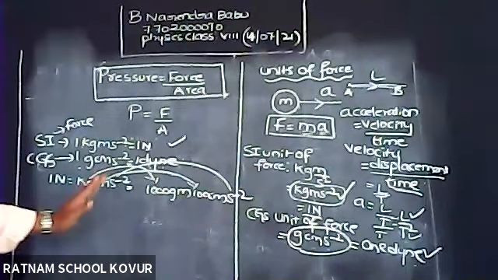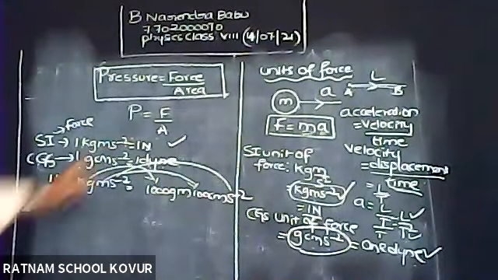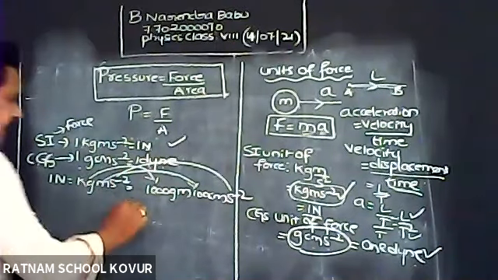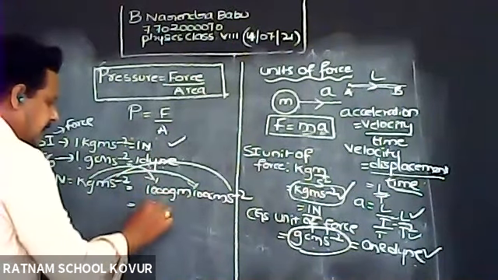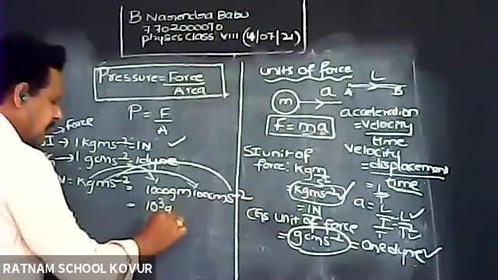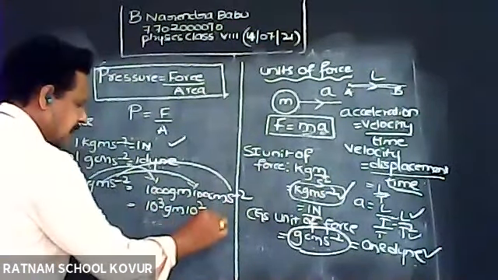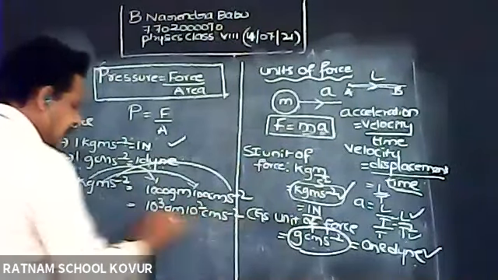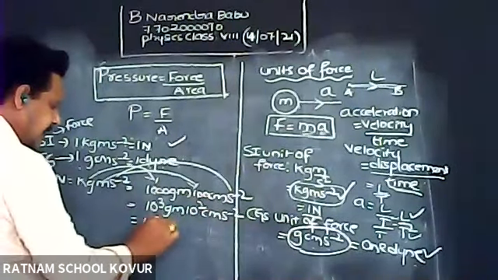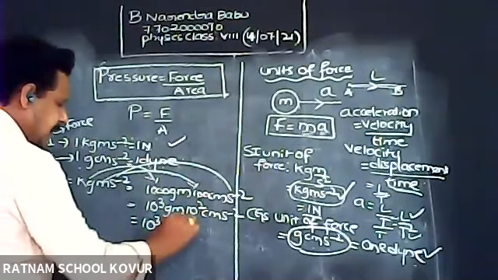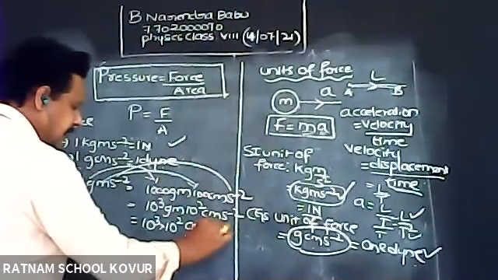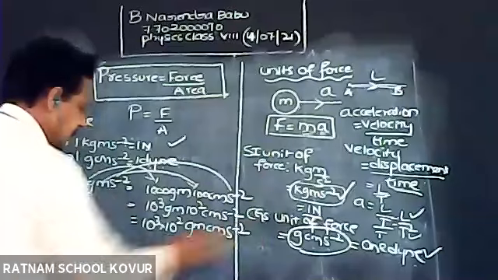I am converting SI unit into CGS unit. Now you see here, 1000 can be written as 10 cube, 100 can be written as 10 square. I will write this one, 10 power 3, 10 square, gram, centimeter, s power minus 2.